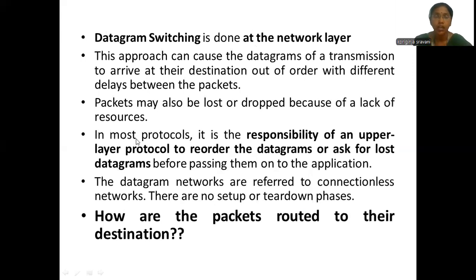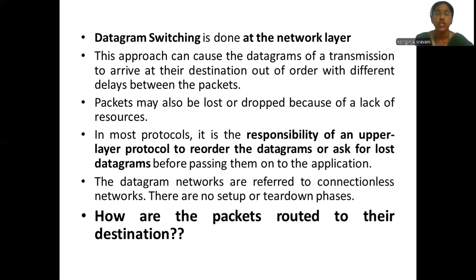So in this type of datagram network, it is the responsibility of an upper layer protocol to reorder the datagrams or ask for lost datagrams. If there is any loss due to a switch problem, then the receiver or upper layer protocol has to ask for the same datagram to be resent, or reorder the datagrams before passing them to the application level.